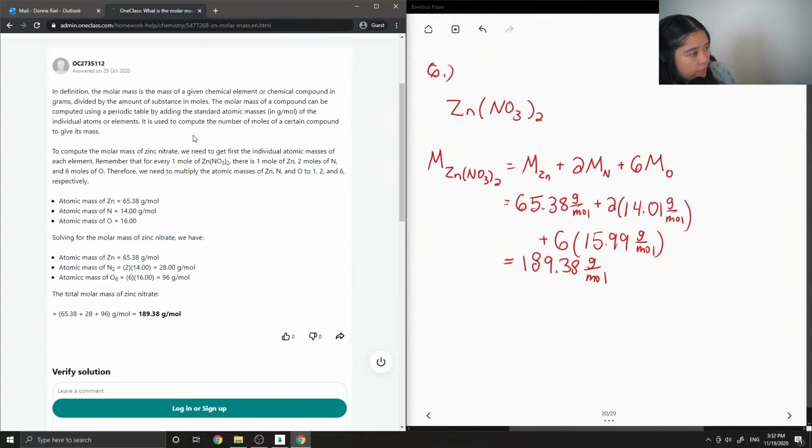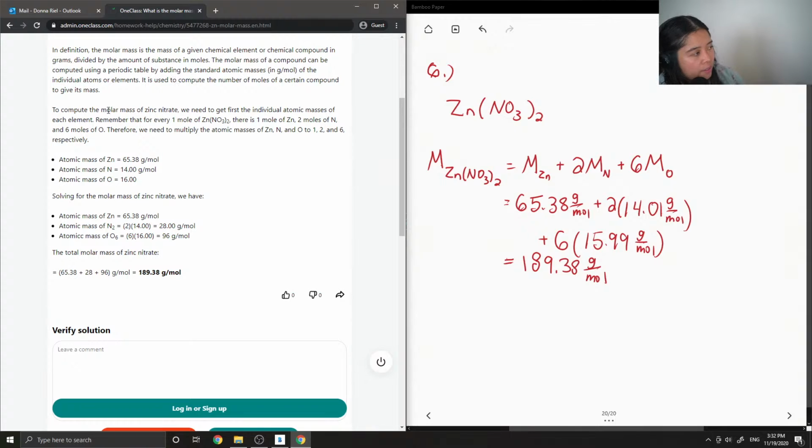It is used to compute the number of moles of a certain compound to its given mass. To compute the molar mass of zinc nitrate, we need to get first the individual atomic masses of each element. Remember that for every 1 mole of zinc nitrate, there is 1 mole of zinc, 2 moles of nitrogen, and 6 moles of oxygen. Therefore, we need to multiply the atomic masses of zinc, nitrogen, and oxygen to 1, 2, and 6 respectively.